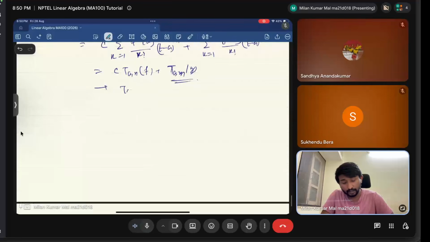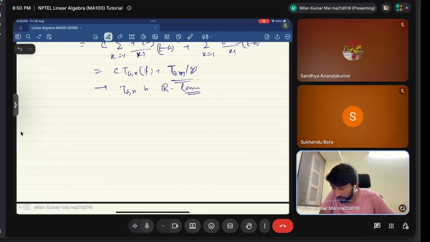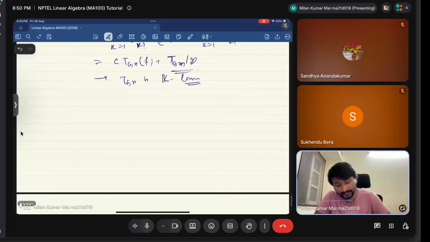So this says the map T_a^n is K-linear, not R-linear, K-linear. But the main point is surjectivity. So let's check surjectivity.